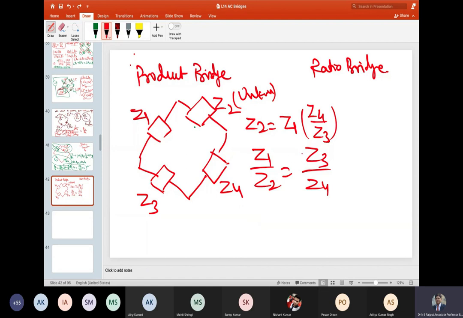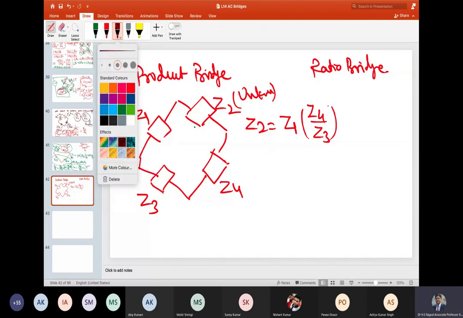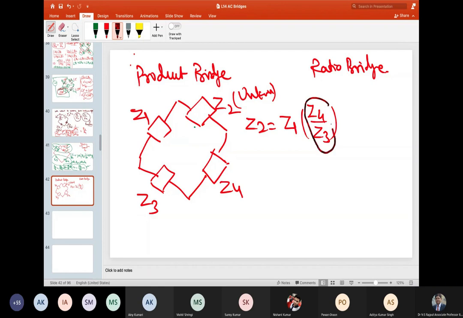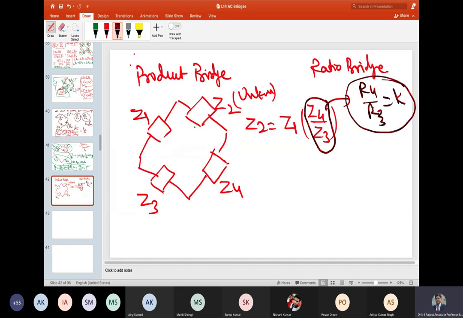So generally what I would prefer is that this part, R4 by R3, is equal to some constant. So this part will become a simple multiplicative factor for Z1, right?